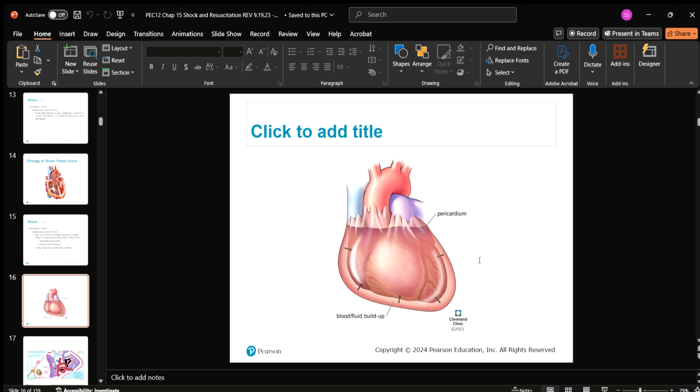So every time my heart takes a beat, lub-dub, it's pushing blood into that pericardial sac, filling it up, making it more and more difficult to beat. And eventually, that blood is going to back up. What's going to back up into?